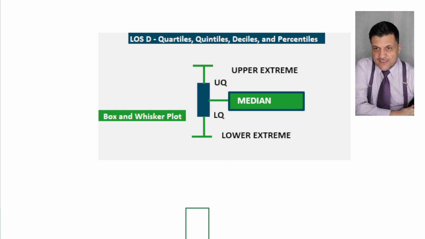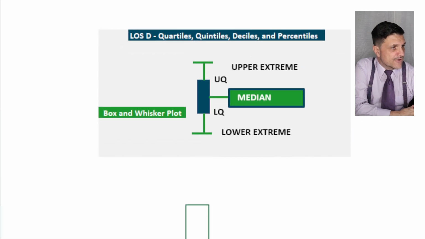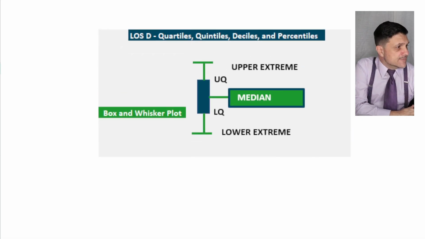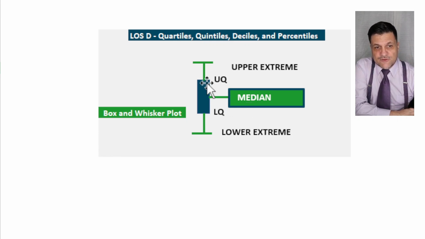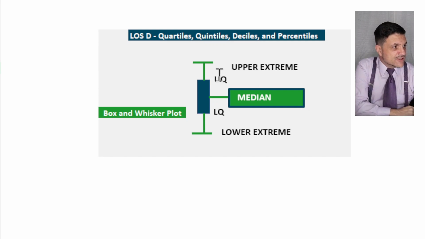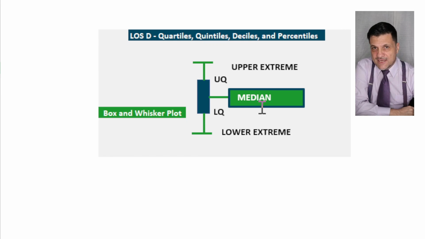Get comfortable with that, because you could get a question where you have to identify the median, and they give you all the numbers, without the upper extreme or upper quartile labels. They just put numbers there, and you have to identify the median, or find the range. So get comfortable with that.